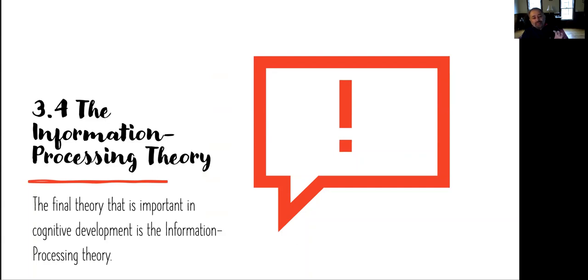So I want you to know that this is a modern theory, and researchers study how intelligence improves with the child's ability to take in more information, and they focus on their attention to the task at hand. It also looks at the child's capacity for memory storage. So that is known as information processing theory, which, like I said, is a modern theory using the computer model for the human mind.